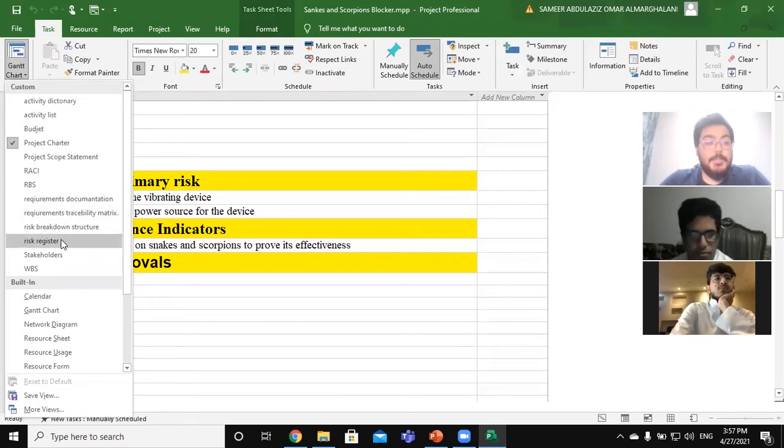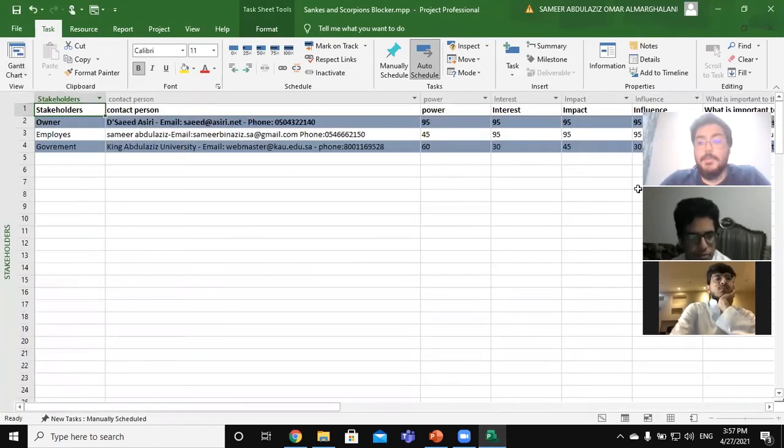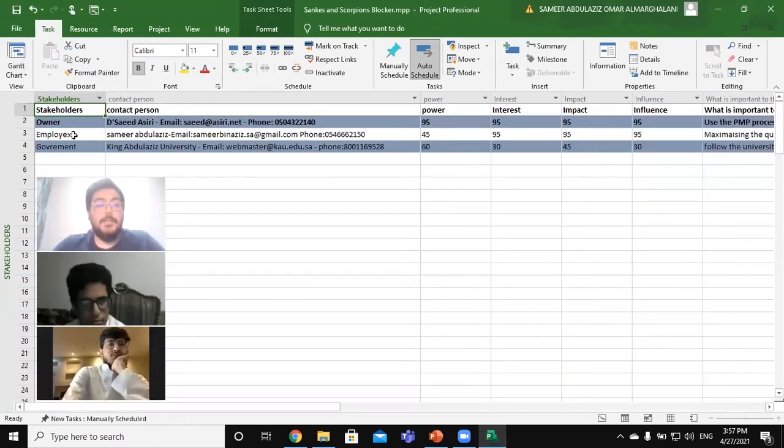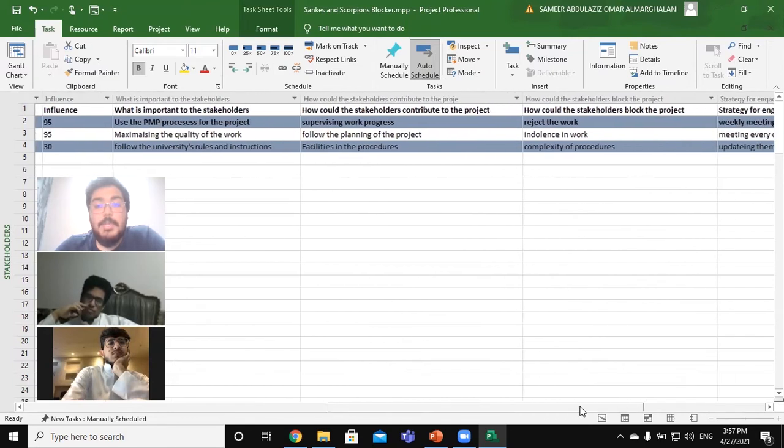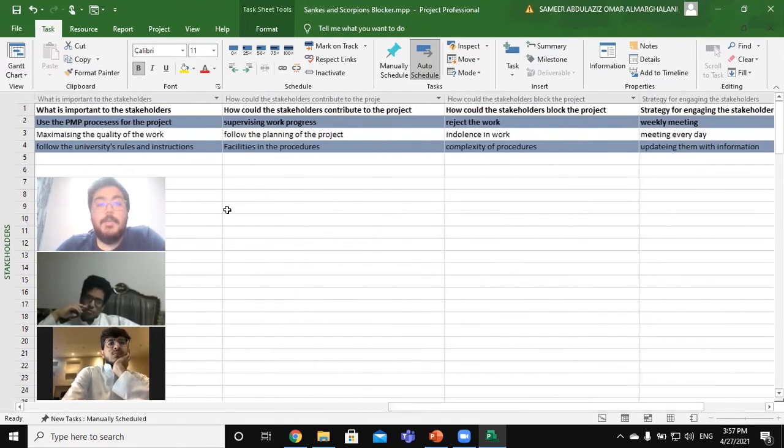In MS Project, for the stakeholders, as you see here, we made a table, and we have the stakeholders in the first column, then the contact person, and then the four terms that I talked about, which are the power, the interest, the impact and the influence, and also the four questions that we answered about the stakeholders.